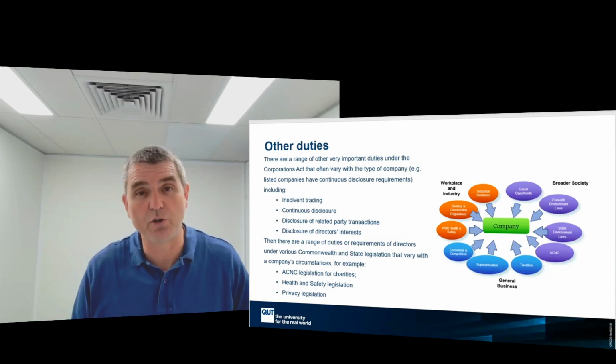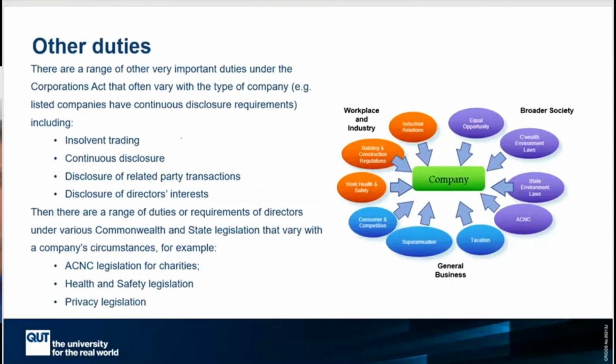So as this slide sets out, there's a whole series of other requirements that are more specific about what we've dealt with. If you're listed, continuous disclosure requirements, related party transactions. There's disclosure of director interest, which we talked a little bit about, conflict of interest. So there's often some quite technical extensions of these general rules that we've talked about.